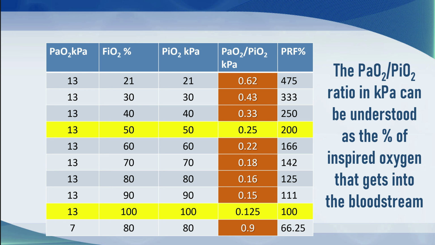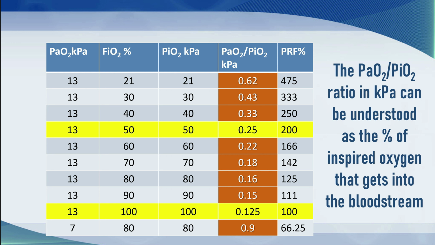In this case, the normal ratio is 0.62, or 62% of oxygen that gets into the bloodstream. As the number falls, and I've rounded up some of the numbers in the orange column, you can see that fraction drops. But if only 25% of inspired oxygen reaches the artery, it is the equivalent of a PF ratio of 200. If 12.5% reaches it, that is the equivalent of a PF ratio of 100.